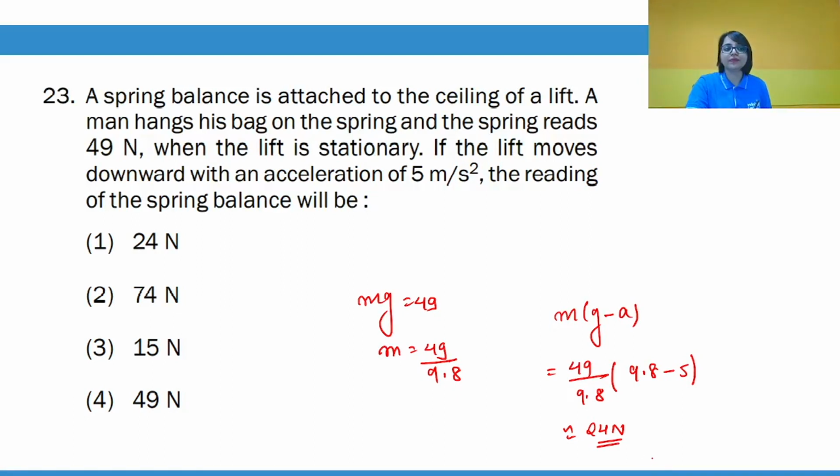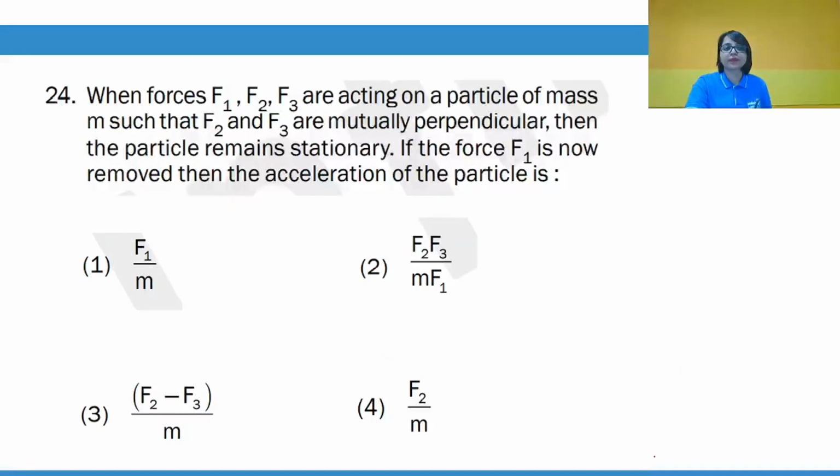Next question is 24. When forces F1, F2 and F3 are acting on a particle of mass m such that F2 and F3 are mutually perpendicular, then the particle remains stationary. If the force F1 is now removed, the acceleration of the particle will be? So we know that F1 plus F2 plus F3 vector is equal to 0.